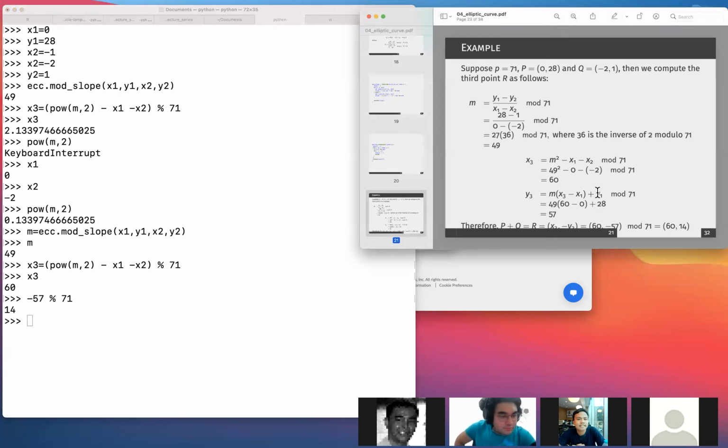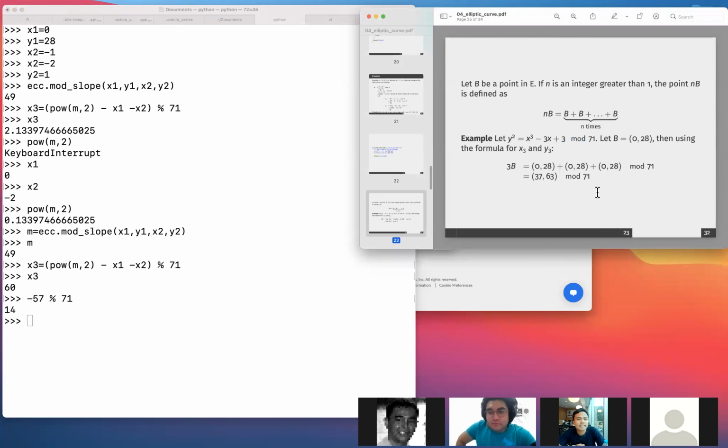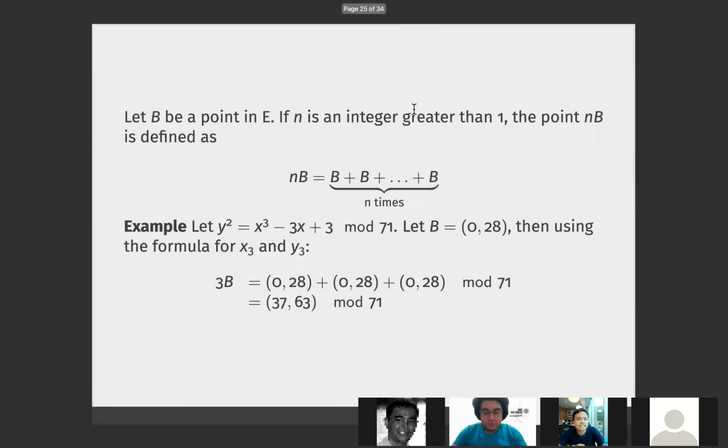Okay, so now let's define multiplication of points. We already defined addition, but multiplication of a point B is nothing but adding. If you multiply a number n to the point B, this is nothing but adding B n times.